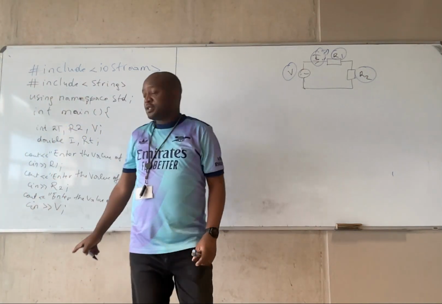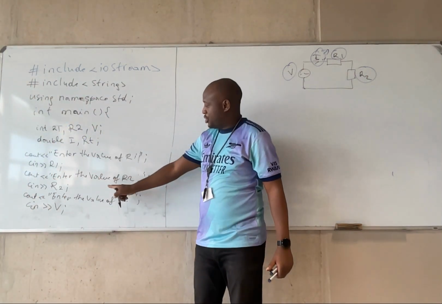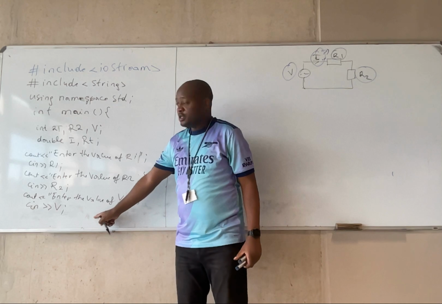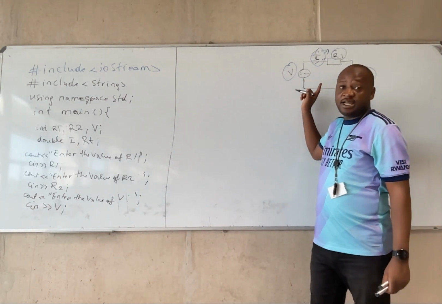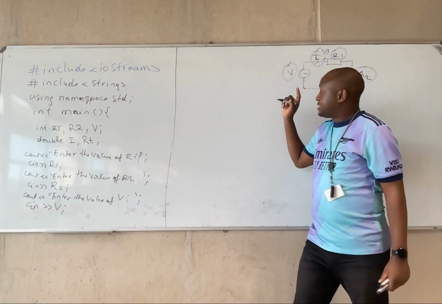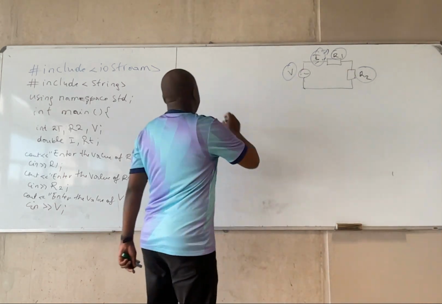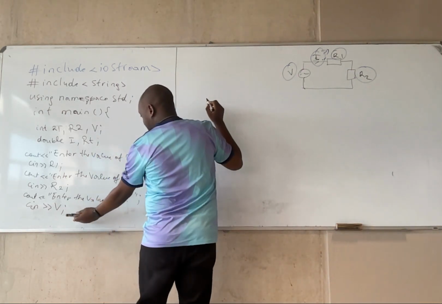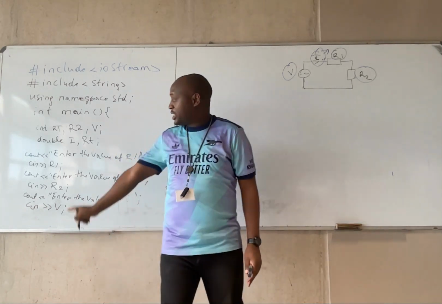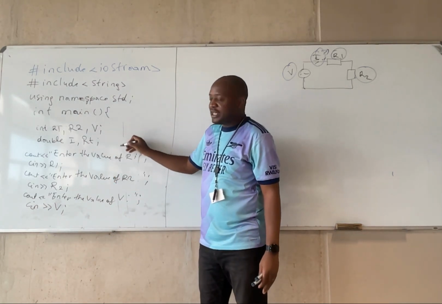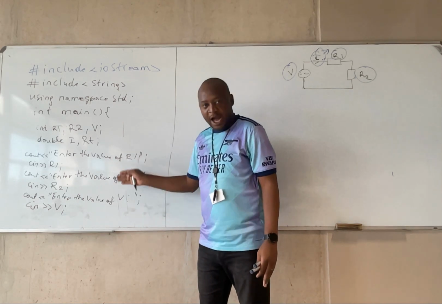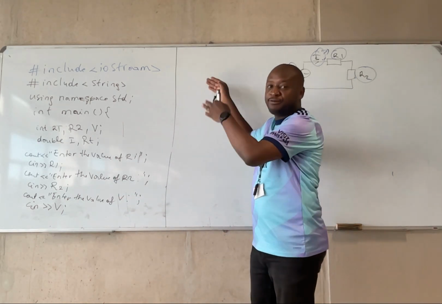Now that you've got your R1, R2, and V, you can now calculate the total current that is flowing through the circuit. Remember, you start by declaring first. After declaring, you collect the values. After collecting the values, then you put the formula.